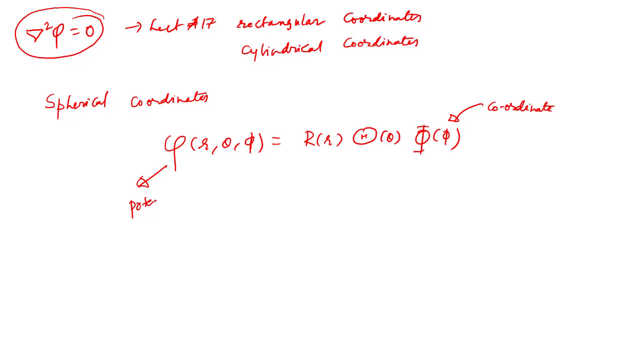So be careful there. And this is also phi. So you have three phi's in one equation, and they all look only a little different, and they mean something entirely different. This means the potential. This is a coordinate. This is a function, right? So bear that in mind there.